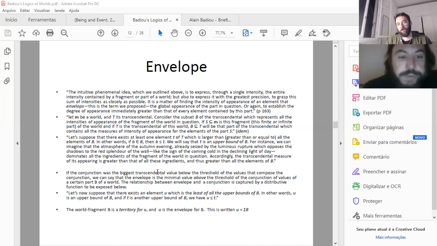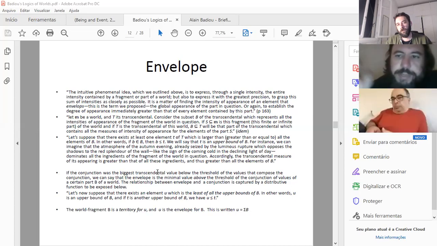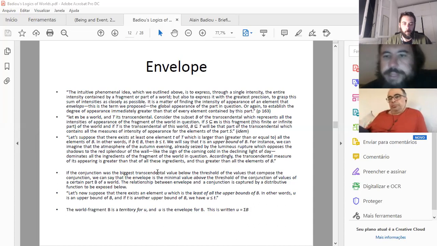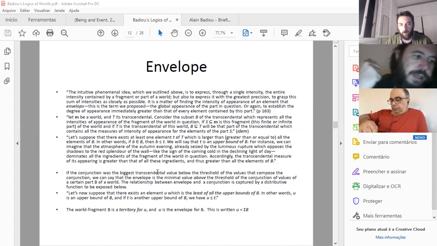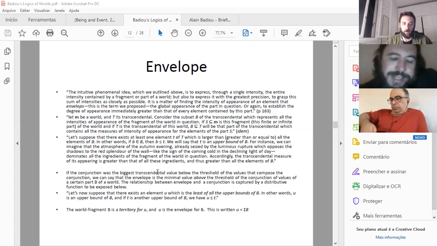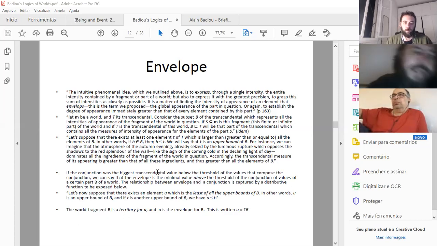The notes are different. The instrumentation is different. Everything is different, but something is common between these two pieces. So I think the envelope is something like that, right? Something that enables the recognition of some transcendental degree of identity that is dependent upon all the little degrees of intensity that are present in something.